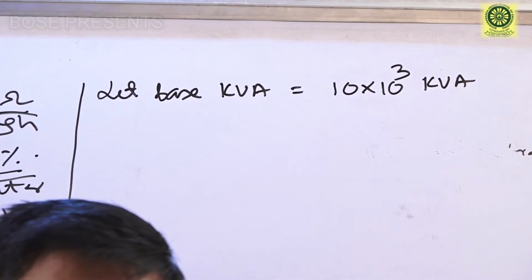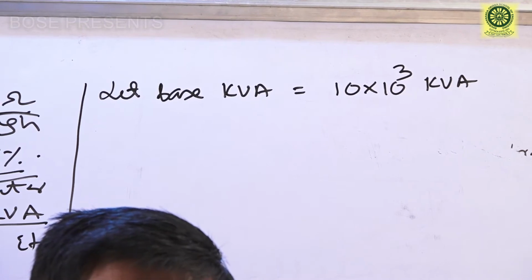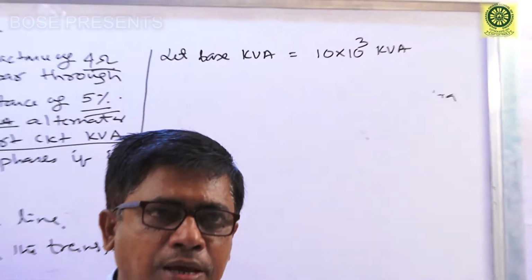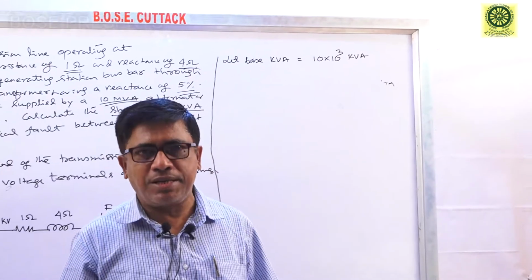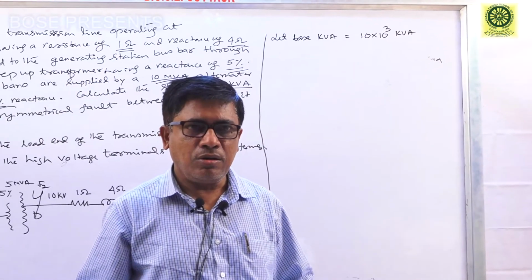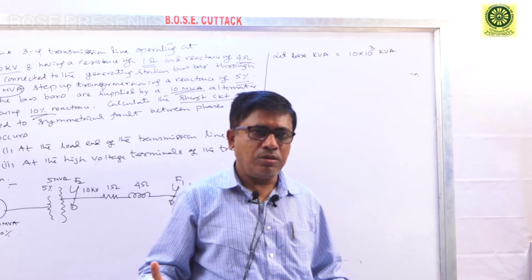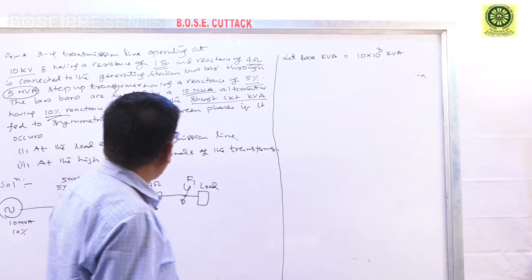I am taking a value, a common platform. I will convert all kVA into a common kVA. This is known as the base kVA. Already you studied the formula. So I will convert. First, what will I convert?